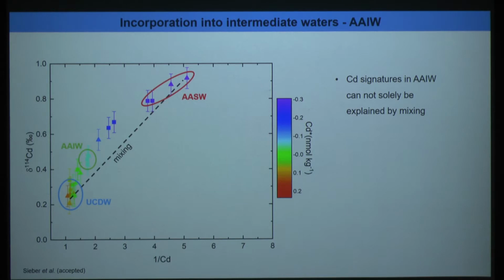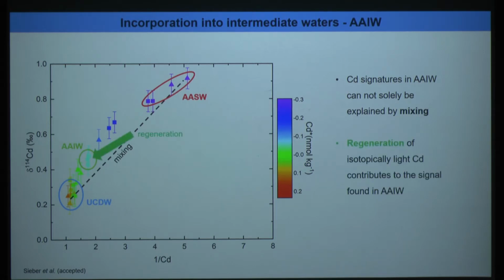So this is, well, we got isotopes on the y-axis and then 1 over cadmium concentrations on the x-axis. So any binary mixing, between two end members, so for example the surface water and the upper circumpolar deep water, if it's a simple binary mixture, it'll just plot on a line, like the line that's indicated here. And you can see that the station that we plotted here sort of curves above this line, so we see there's another component that affects these shallow depths where you mix a lot of the water.